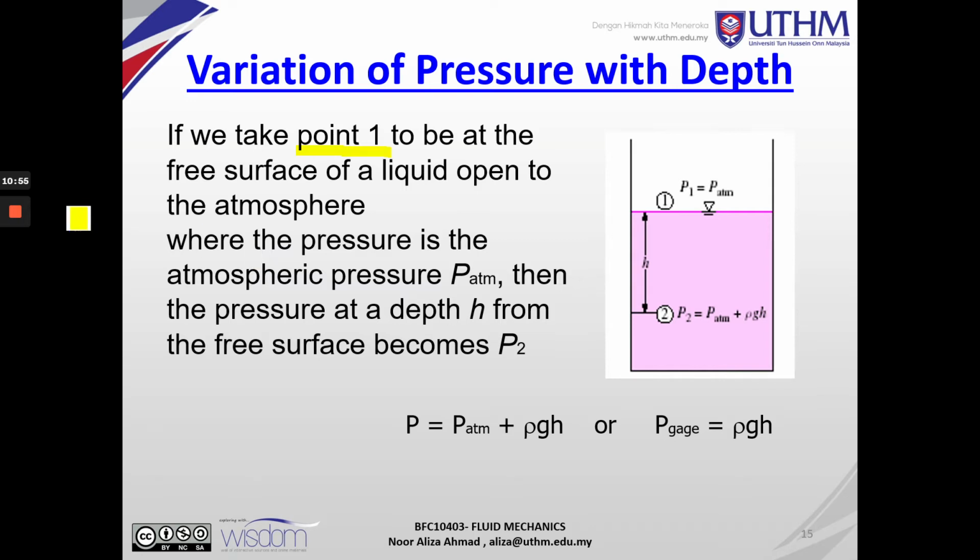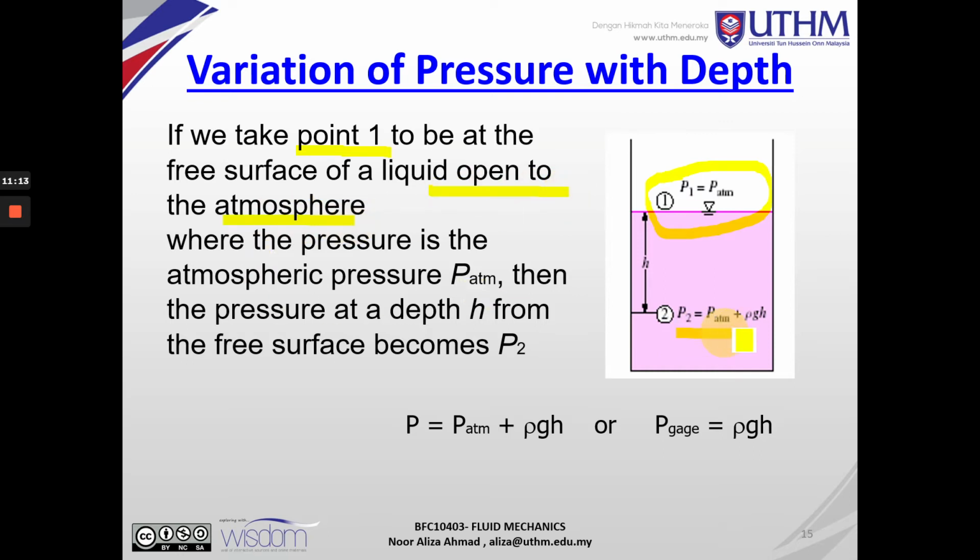Then the pressure at depth h from the free surface becomes P2. P1 is equal to P atm because it is open to the atmosphere.